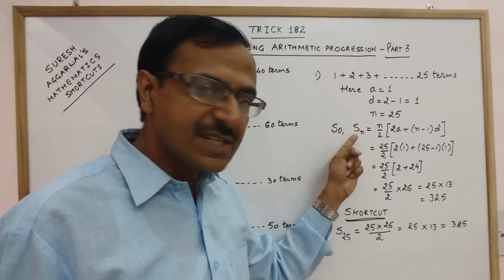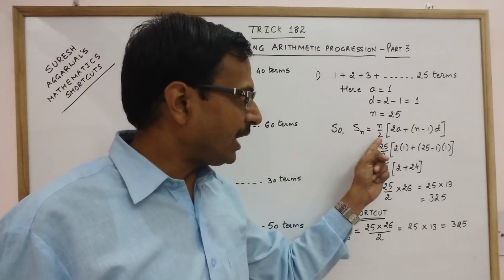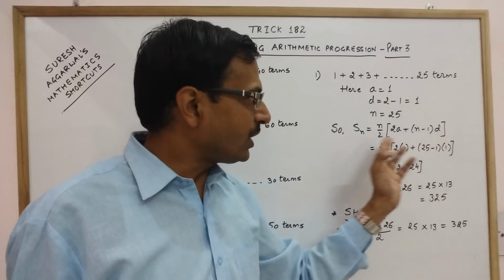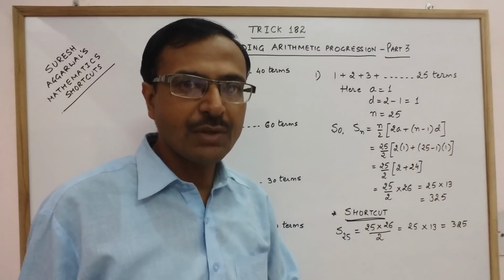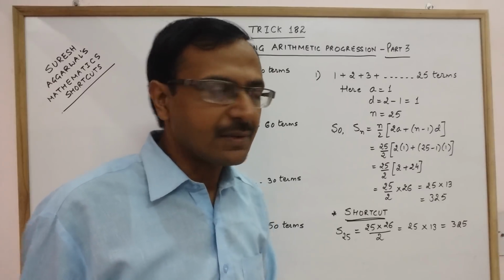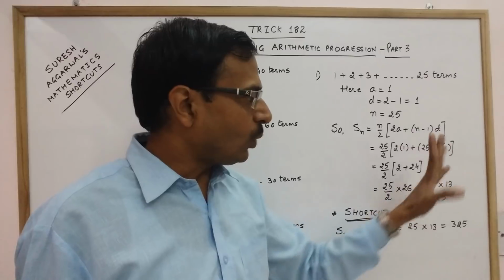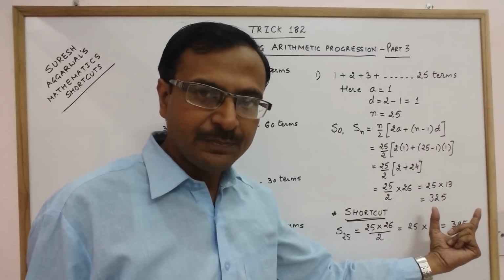This is the sum of first n terms of an arithmetic progression, Sn. It is given by n by 2 times (2a plus (n minus 1) into d). So here we know all the variables n, a and d. So simply we can substitute the values and get the required answer. Say here n is 25, a is 1 and d is 1. So if we simplify this, you get 325 as the answer.